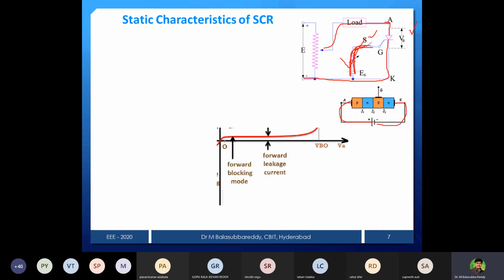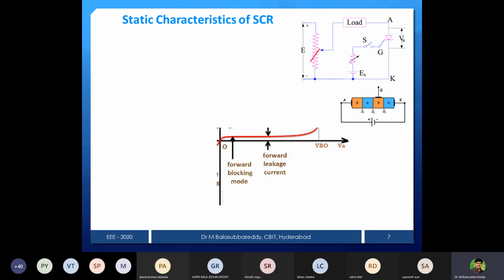Now, what is the observation in the characteristics? VA means voltage across the thyristor, and on the y-axis I represent the current. If I increase the voltage across anode and cathode, what will happen? How will you increase it?